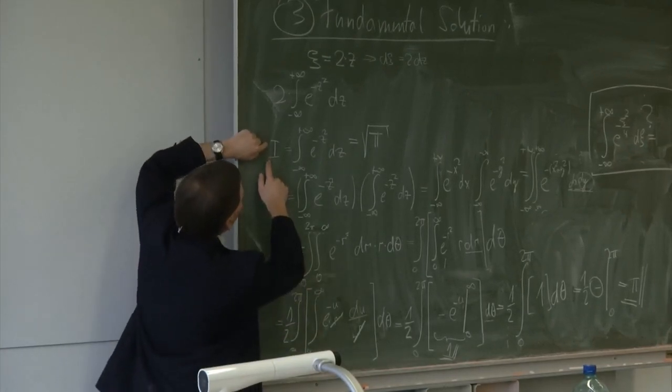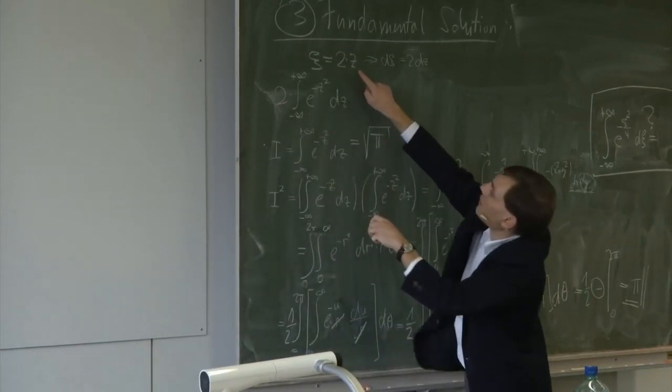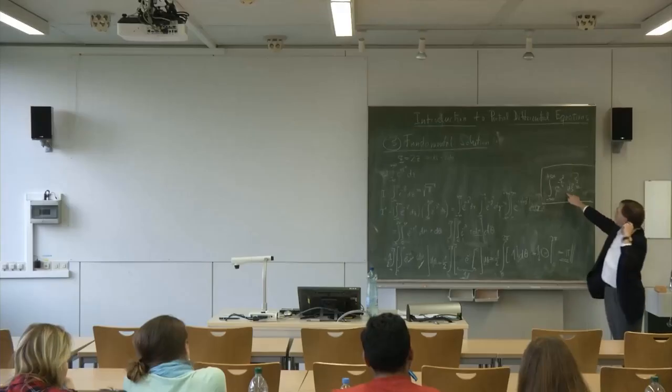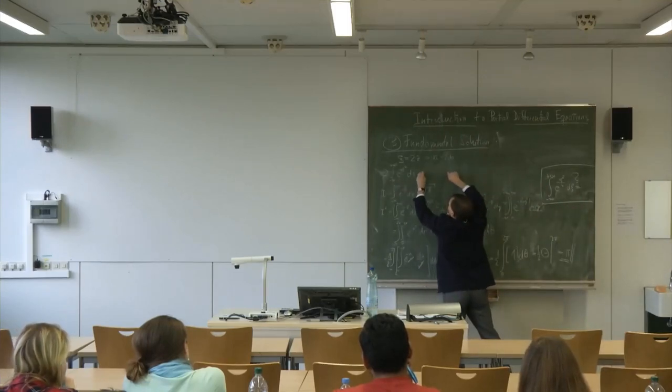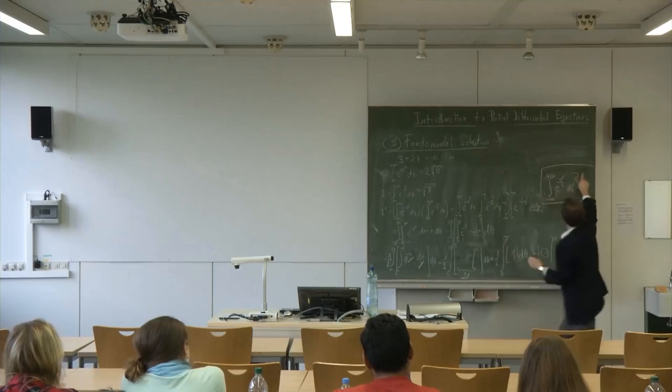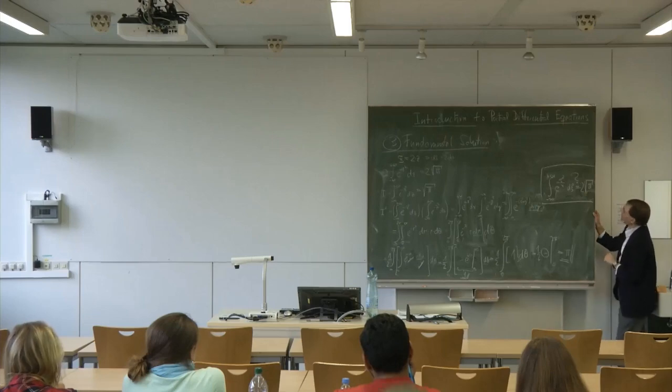So what we got is that this is I, right? And here from our variable transformation, coming from our fundamental solution, we see we have to care about the 2. So what we have is that the fundamental solution, if we do this integration, we get 2 square root of pi.